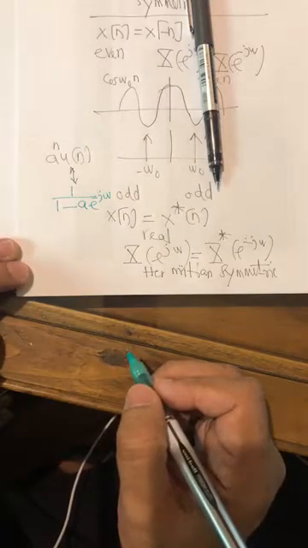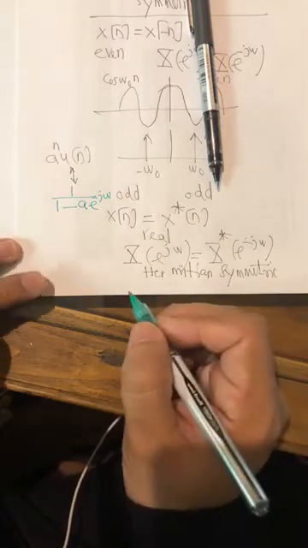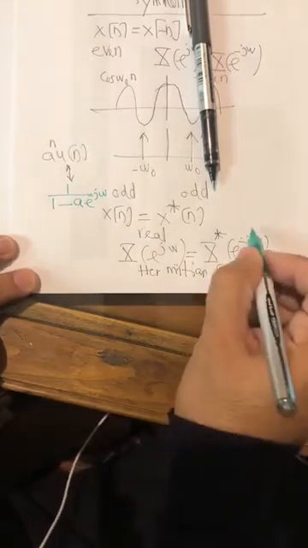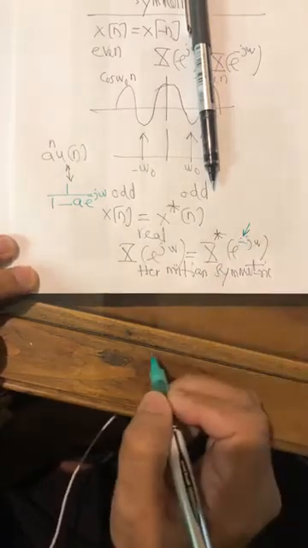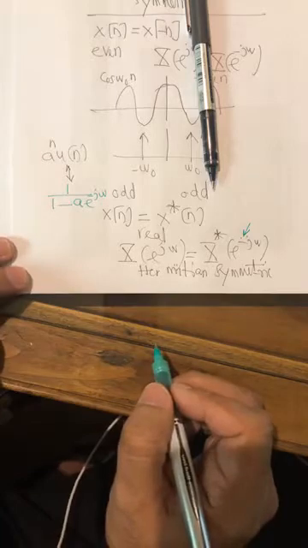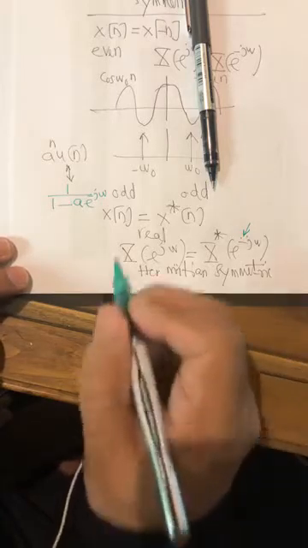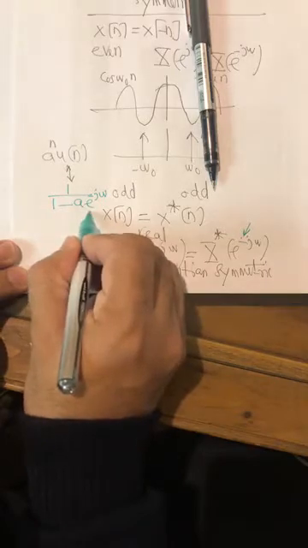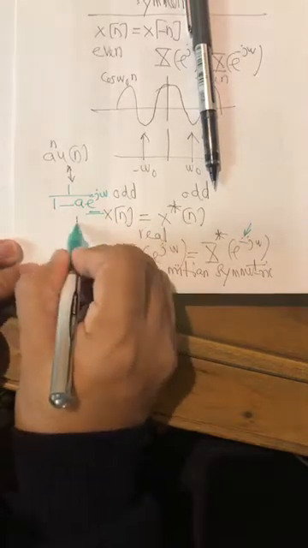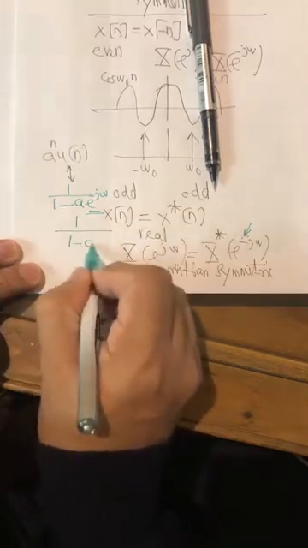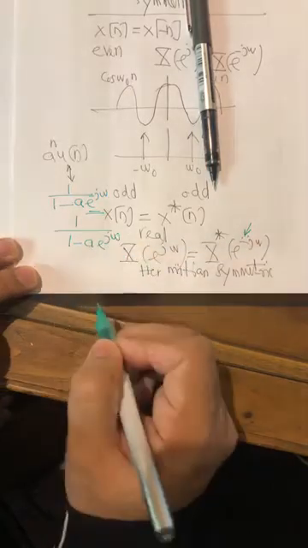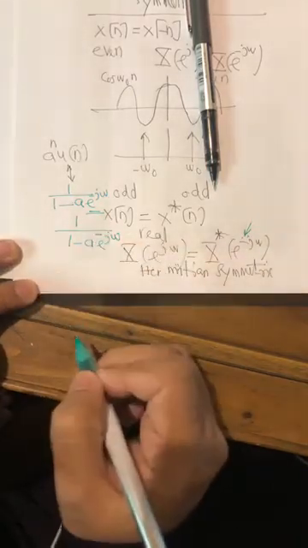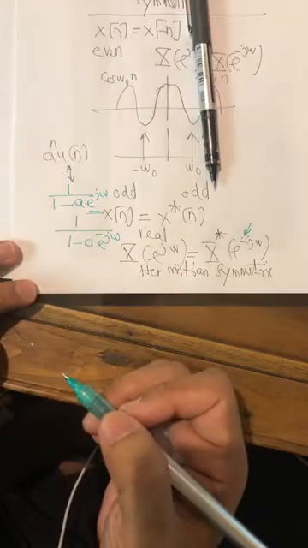So its Fourier transform has Hermitian symmetry, meaning if you replace e^(jω) with e^(-jω) and then take its conjugate, it becomes the same. So let's first replace e^(jω) with e^(-jω). It becomes 1/(1 - a e^(jω)). Now you take its conjugate, it becomes the same.